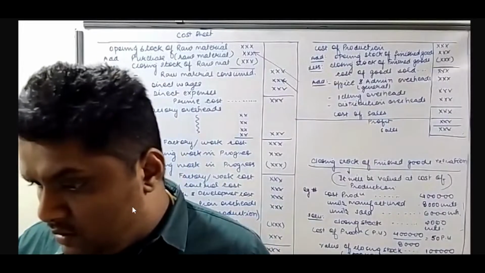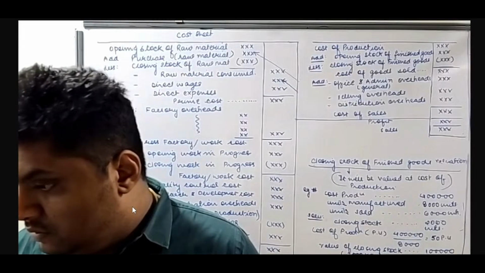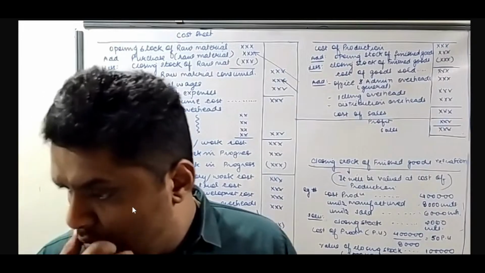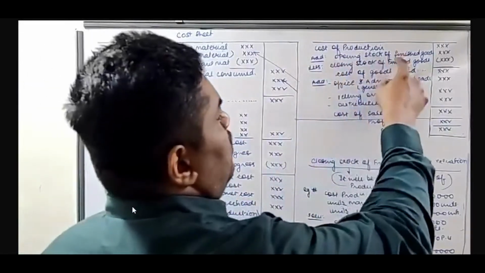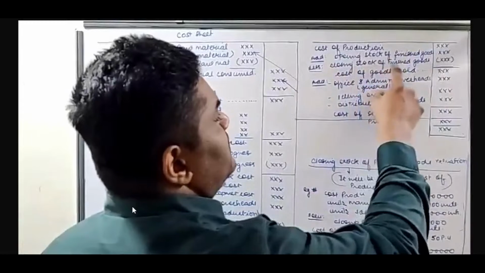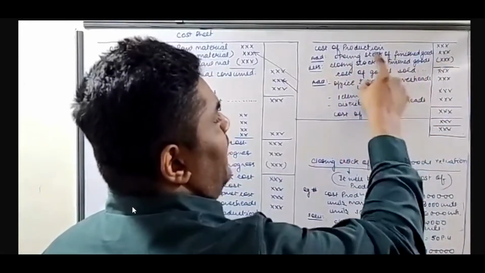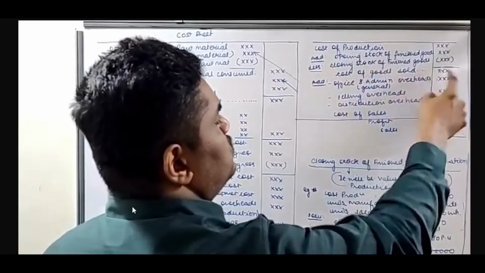Divya Verma. One second, let me check, Divya. Opening stock of finished goods, and this is closing stock of finished goods. The final amount after adjusting opening and closing stock of finished goods, we will get cost of goods sold.